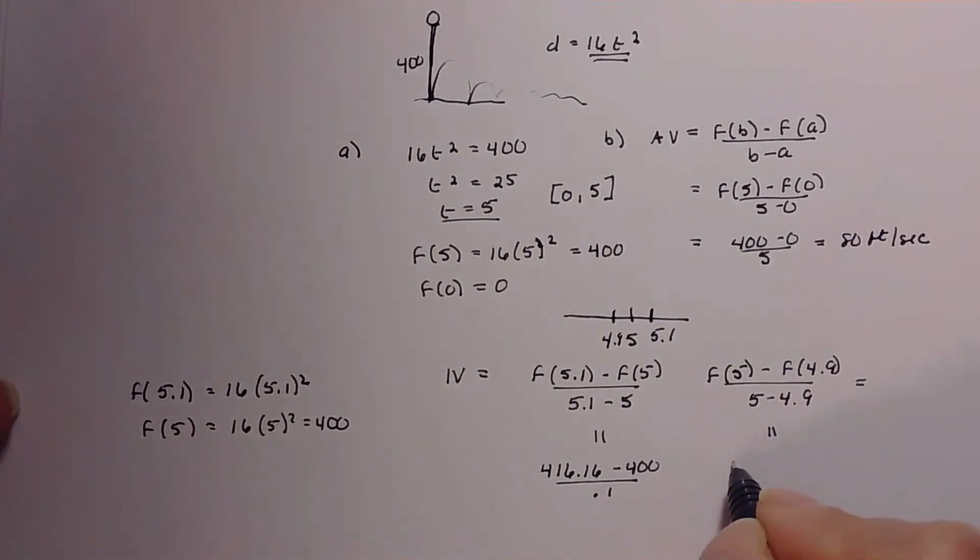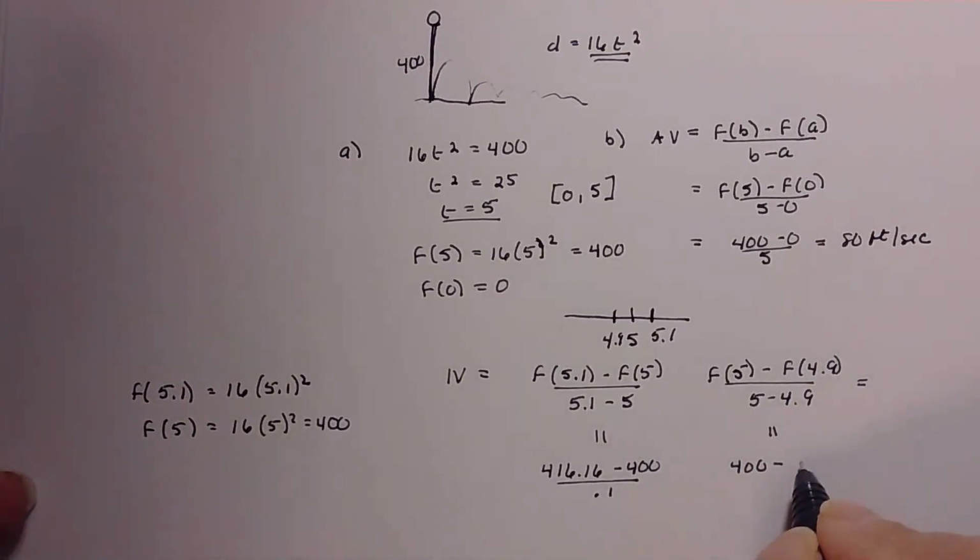And this one here is 400 minus 384.16 all over 0.1. If I compute this one, we've got 416.16 minus 400, which is 16.16, divided by 0.1, which is 161.6.